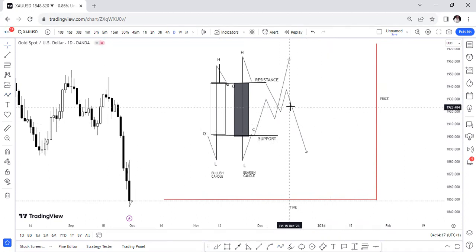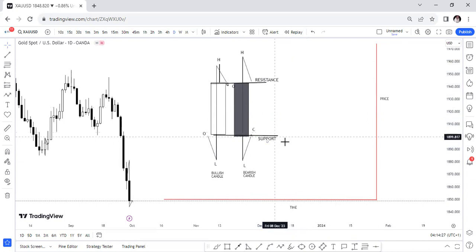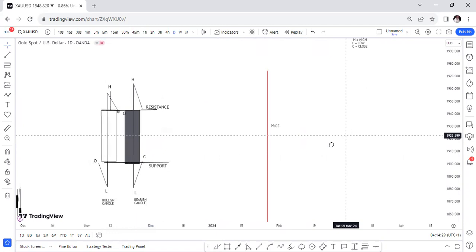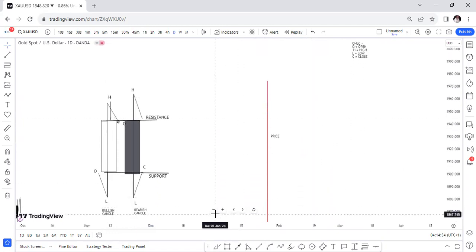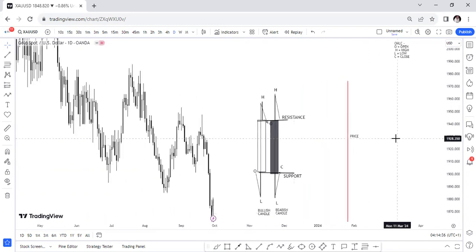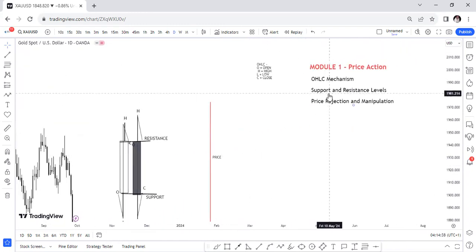To get that information now, I hope you've come to understand support and resistance levels. So we have used this candlestick to explain what we mean by support and resistance level.